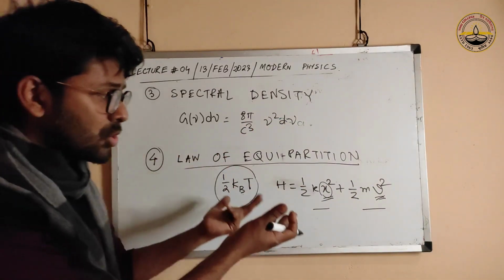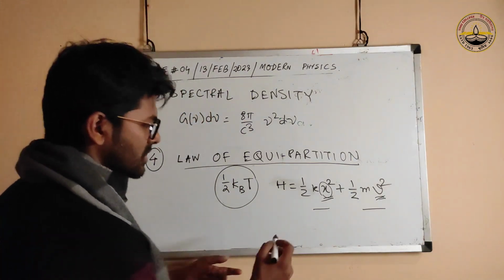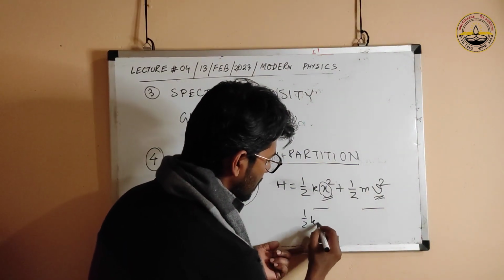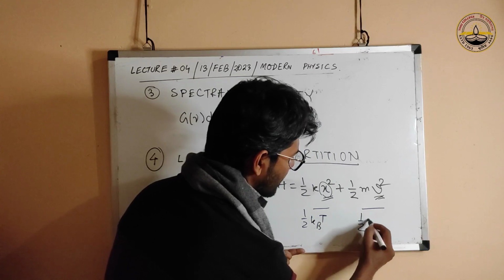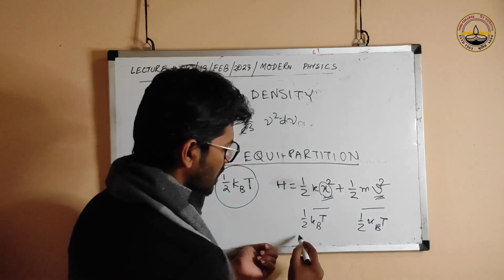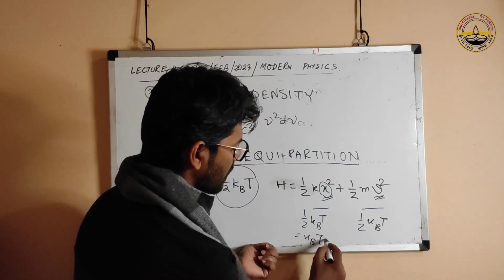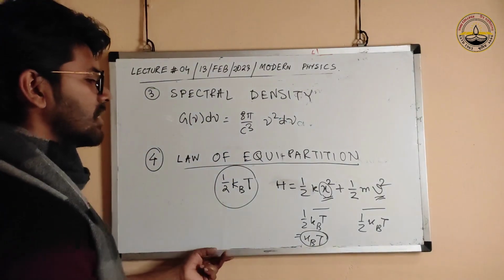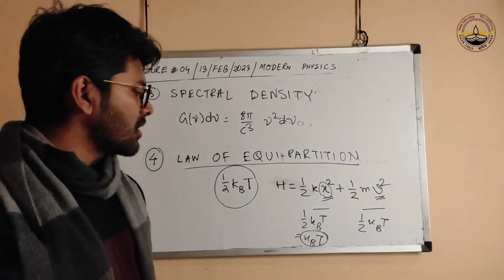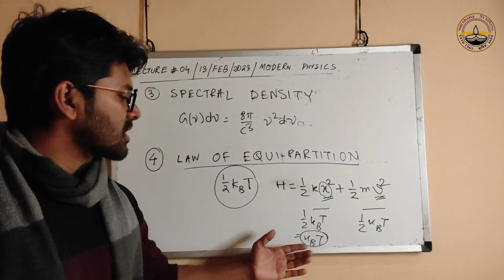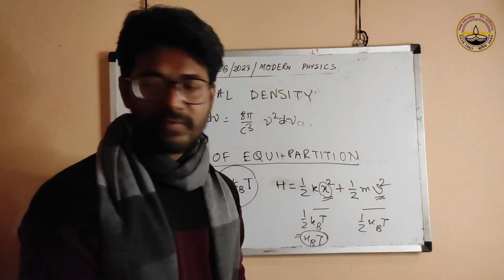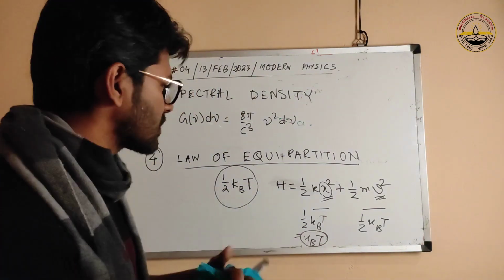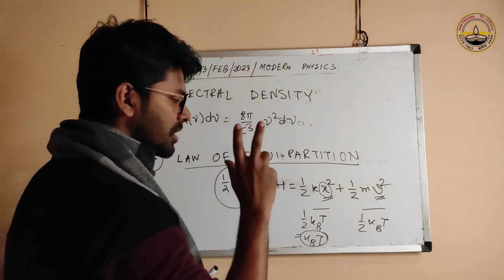Because it has 2 degrees of freedom, it gets half kBT and half kBT, and therefore total kBT amount of energy. Therefore, a harmonic oscillator gets kBT amount of energy. One harmonic oscillator oscillating at a particular frequency.